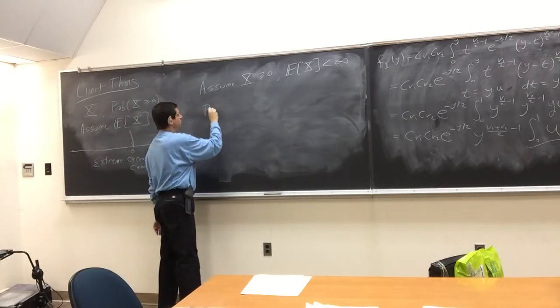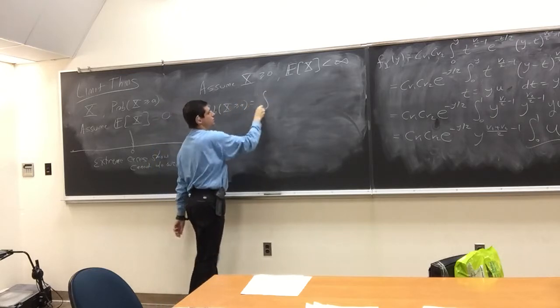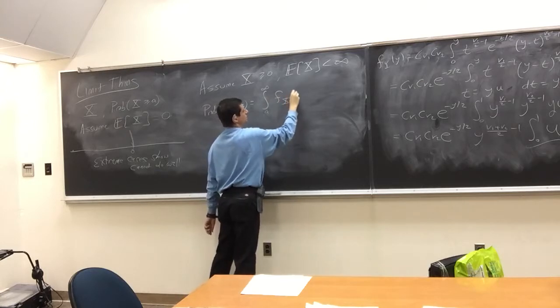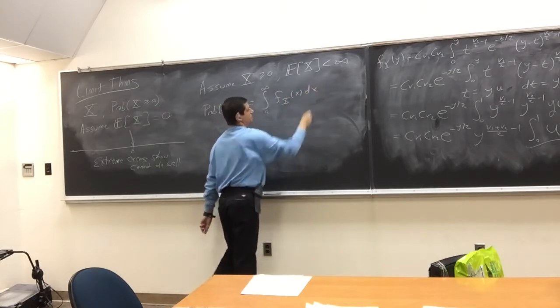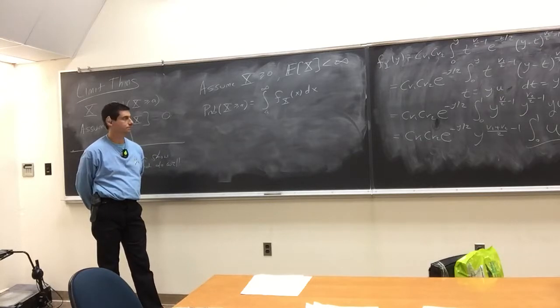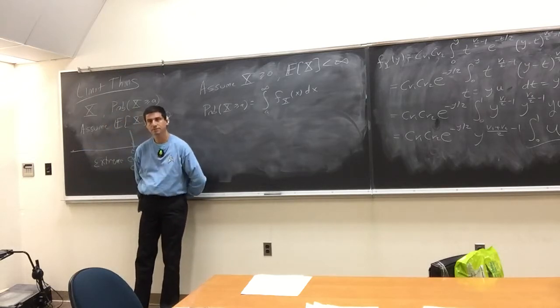So the probability that x is greater than or equal to a is the integral from a to infinity of the probability density of x dx. So we have the following integral. We don't know what the density f is.